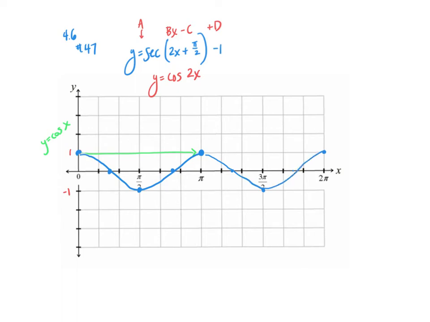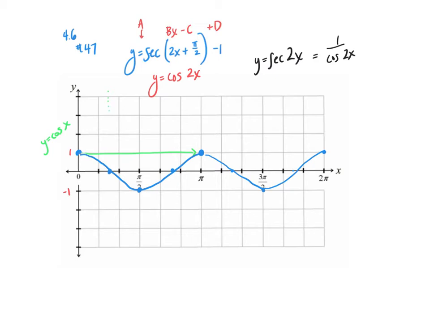Okay, now what we're going to do is we're going to use that graph to then start focusing on y equals the secant of 2x. Because the secant of 2x is the same as 1 over cosine of 2x, we're going to be looking at where is my function undefined.